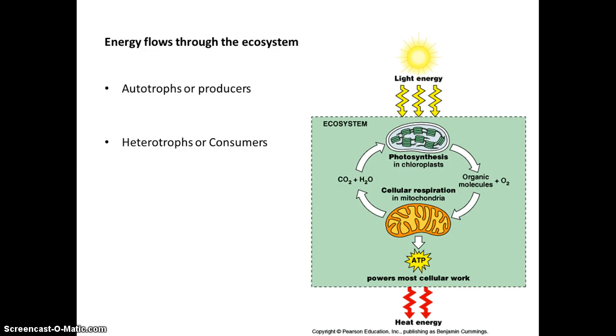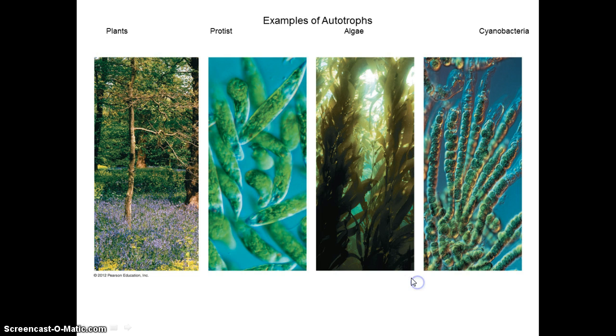Now we know that energy flows through the ecosystem and the ultimate source of energy is the sun. And what takes the sun's energy and converts it, taking carbon dioxide and water and converting them to organic molecules, are autotrophs and producers. That energy is then later used in organisms to make a molecule called ATP, which is used to do all our cellular work.